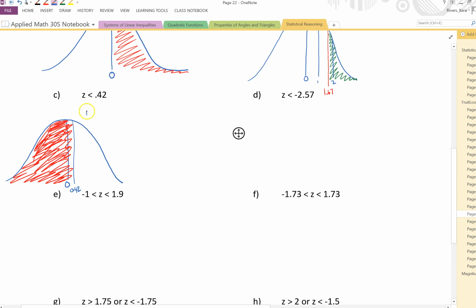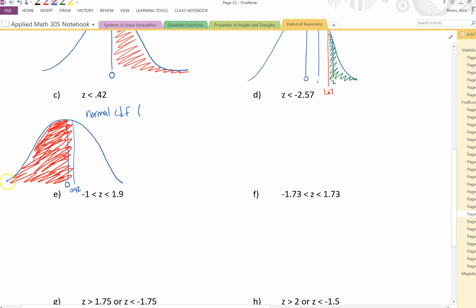Normal CDF, that would be 0.42. Well, wait a moment, why would that make sense, right? When we're doing this normal CDF, the first value is not the maximum value, and in this case we can see that 0.42 is the maximum value. So how would I write this now?